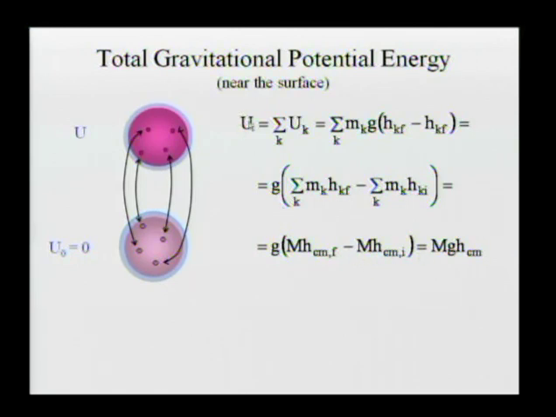So gravitational potential energy is going to equal the total mass of the object times acceleration due to gravity times the height of the center of mass above the reference location. So it's the height from the center of mass when the object is here to the center of mass when the object is there.